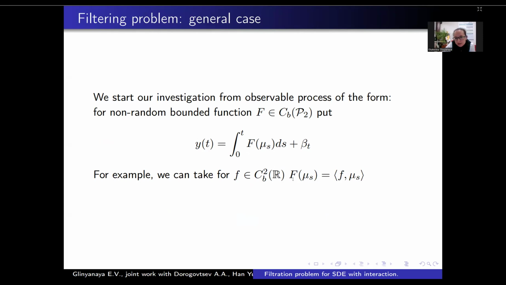For example, as we considered in the example, sometimes it's easier to understand how to get formulas just by considering an example of such an integral with respect to mu s, or the integral with respect to a power of mu s. So this is just how we can understand the functionals of the observable process.